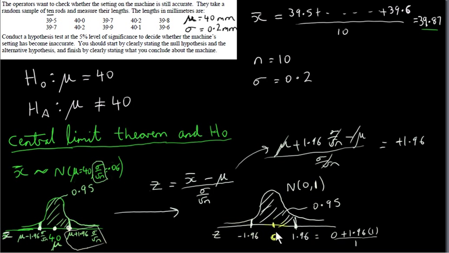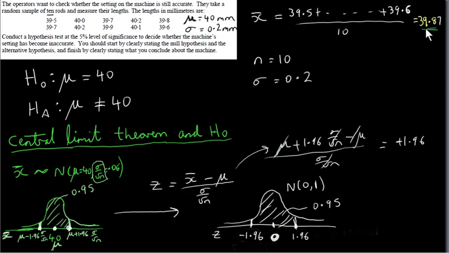Replacing mu with 0 because the mean here is 0, and the standard deviation sigma over root n is replaced with 1. That's all. So we get 0 plus 1.96 times 1. We don't actually divide by 1. And this number here is just 0 minus 1.96 times 1. So 95% of our z values lie within 1.96 standard deviations of the mean 0.